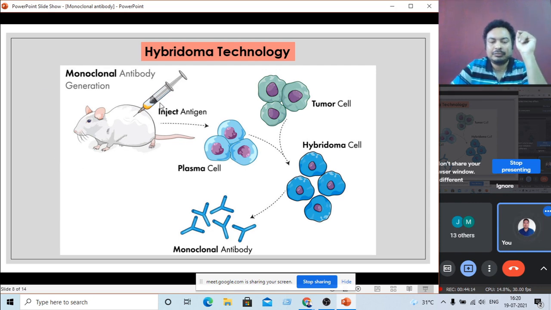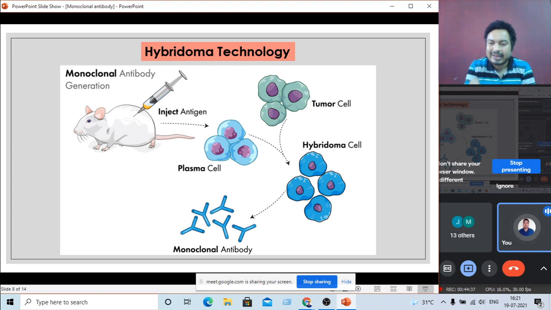When the rat is injected, inside the rat body it can produce the antibody for this particular antigen. They produce the antibody, and all the antibodies are present in the spleen. In the rat's spleen cells, all the antibodies are proliferating and present inside the spleen cell.